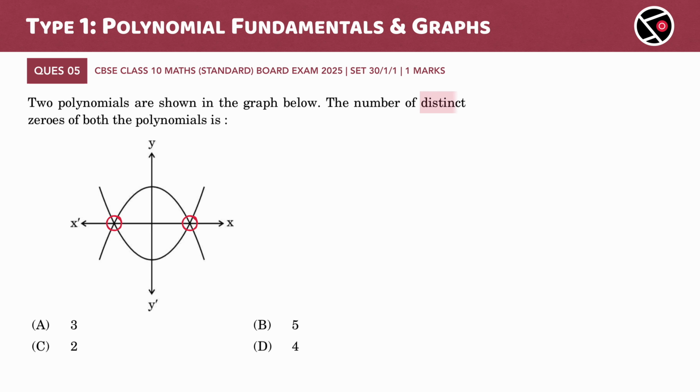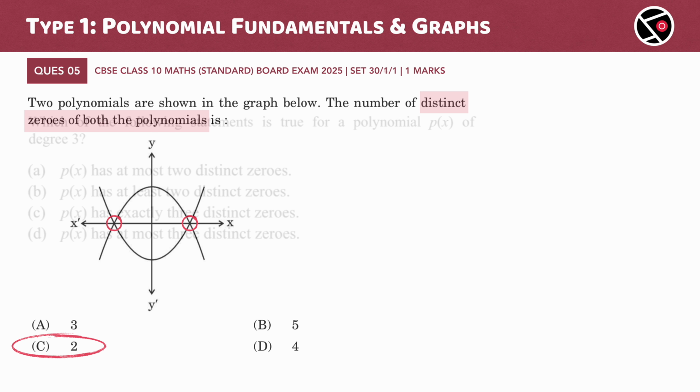Be careful here. Distinct means we count only unique zeros. Both polynomials have the same 2 zeros. So, the total number of zeros is 4, but the number of distinct zeros is only 2. Option C is our choice.